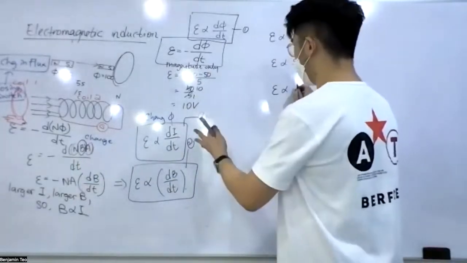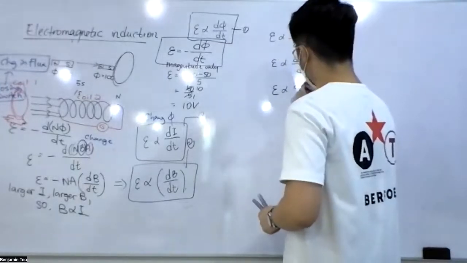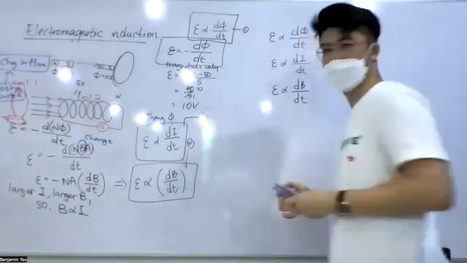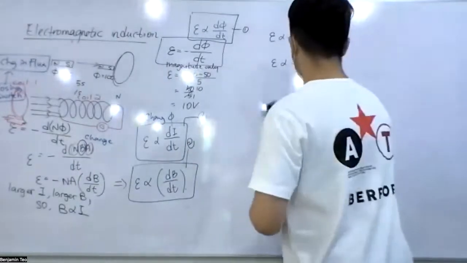But sometimes, most of the time, they ask you to do graph. And graph is always related to these three equations. Okay, they cannot see this. Let me bring this in.